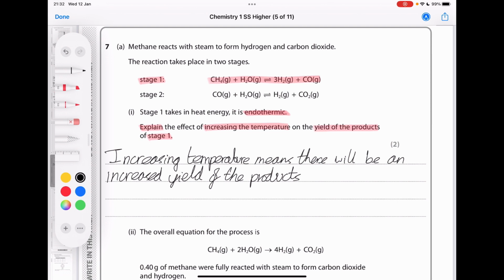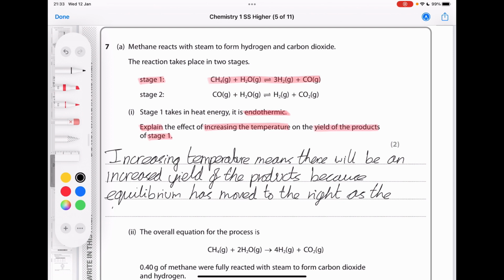Which has happened because the equilibrium has moved to the right, and that's really all you had to say for that, but it would be better to say the equilibrium has moved to the right as the system favours the endothermic reaction.